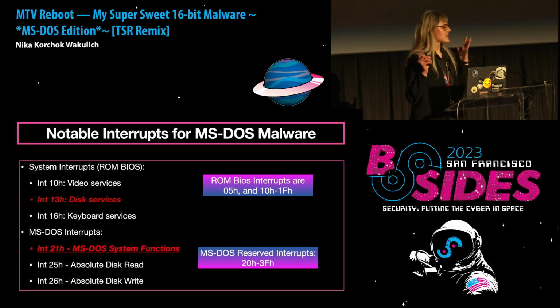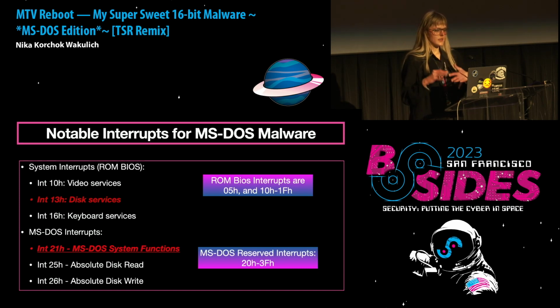On here, this isn't even all of the interrupts that would have been used by MS-DOS malware, but I've highlighted a few of the very key ones, especially those relevant to the samples we're going to be talking about later. There are 2 groups of interrupts. We have the system interrupts, which are the ROM BIOS interrupts, and then the MS-DOS interrupts.